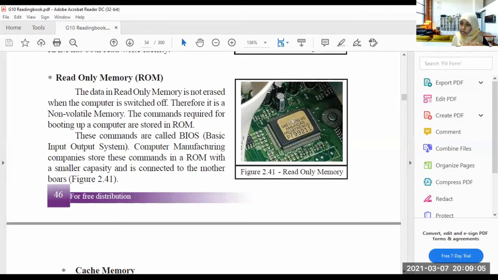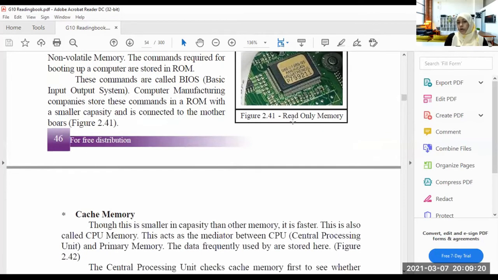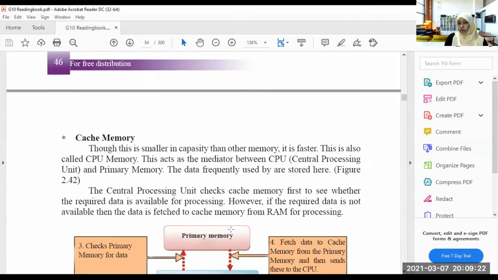Who wrote these commands which are required for the booting system? It is written by the computer manufacturing companies and stored in the ROM. Also, it is a small capacity and it is connected to the motherboard. So now you know what a RAM is and what a ROM is.